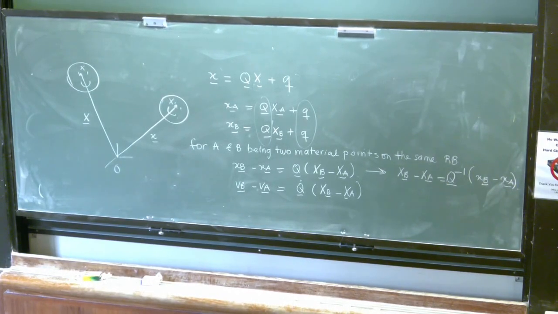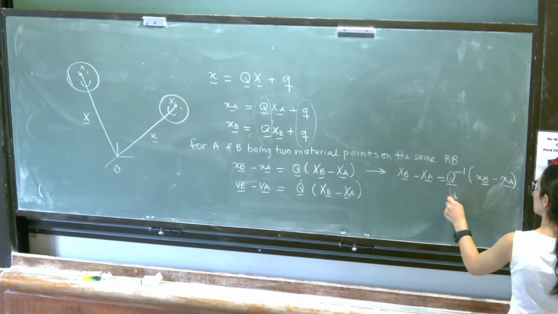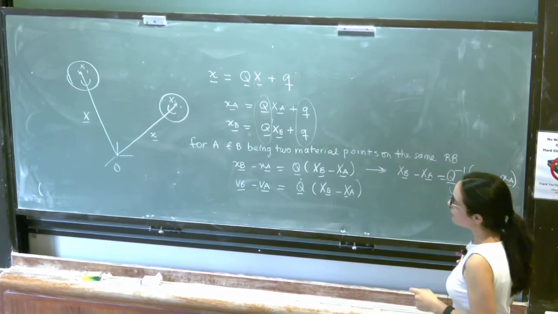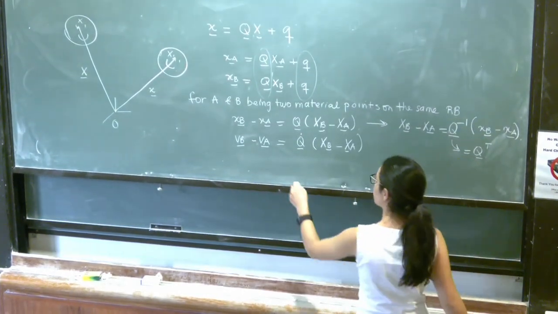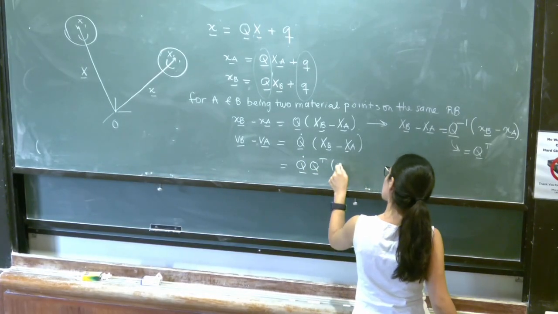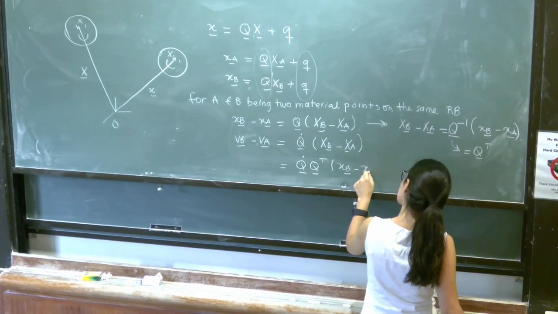And since Q can be shown to be a proper orthogonal tensor, Q inverse is equal to Q transpose. So VB minus VA is Q dot Q transpose times XB minus XA.